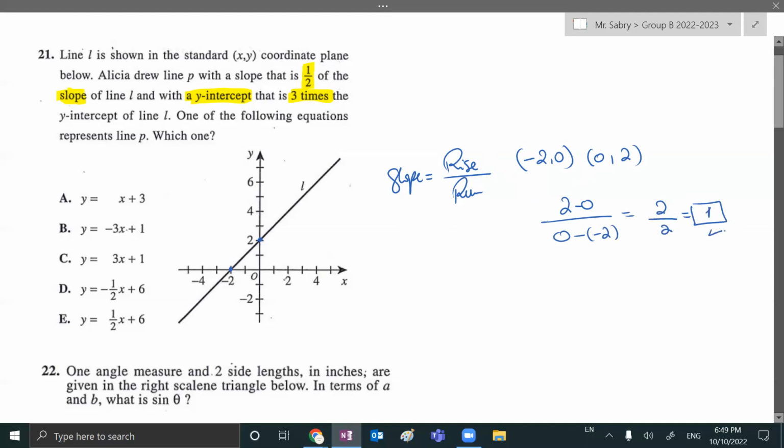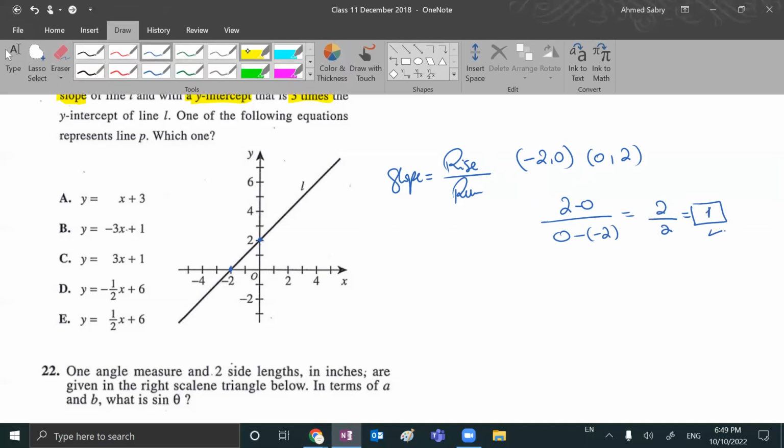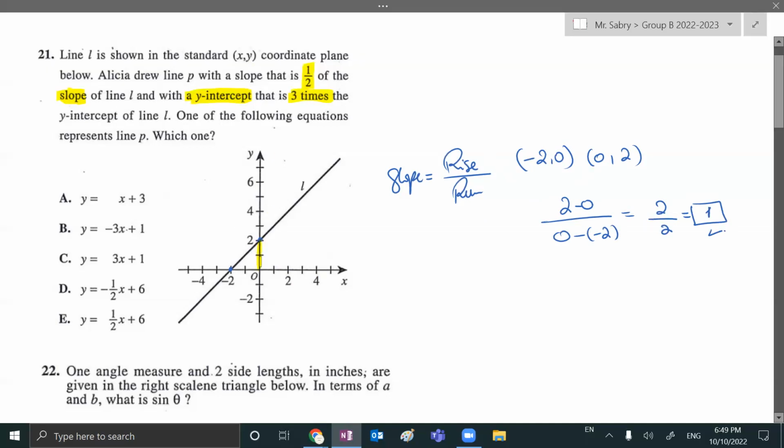That's one way. Another way is just to calculate the rise over the run. So apparently I have here a rise of 2 and a run of 2. So the slope is 2 over 2, which is 1.